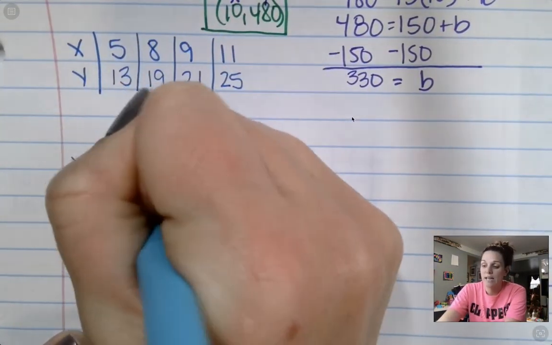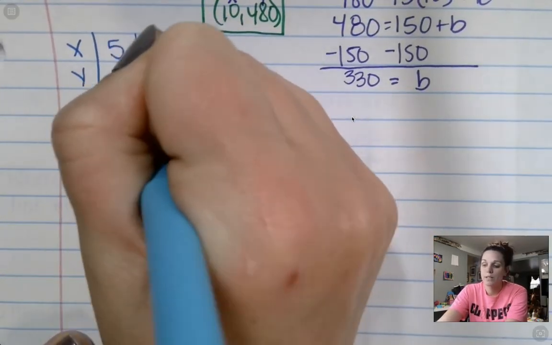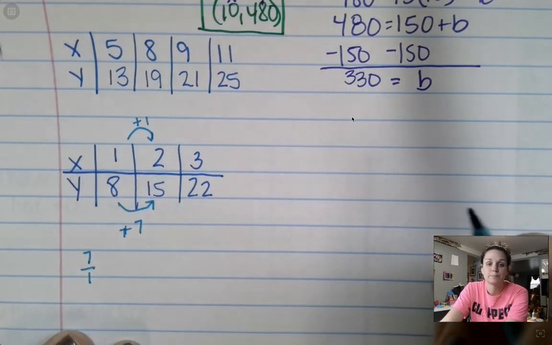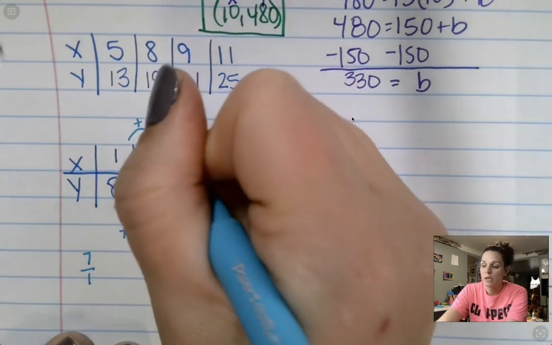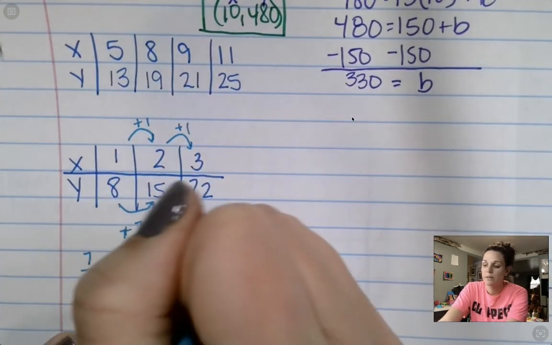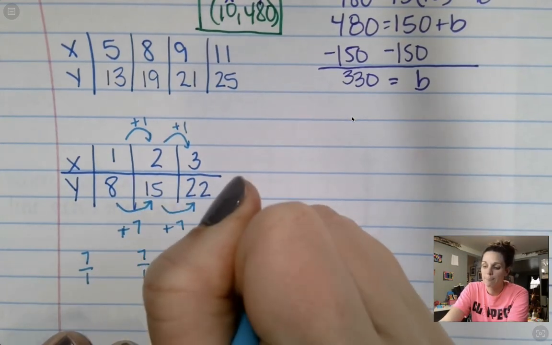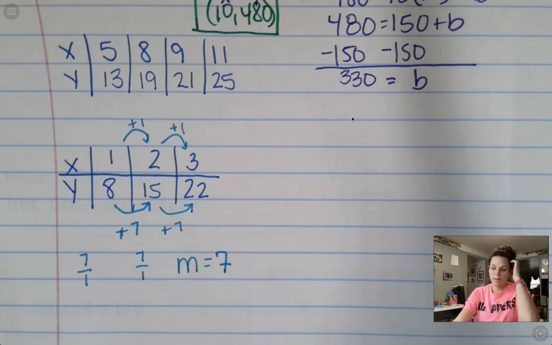All right, so 8 to 15 is plus 7, and 1 to 2 is plus 1. So we have 7 over 1. 15 to 22 is plus 7. 2 to 3 is plus 1, and we get 7 over 1. So our consistency is 7. For every 1 x, it's 7 y's.